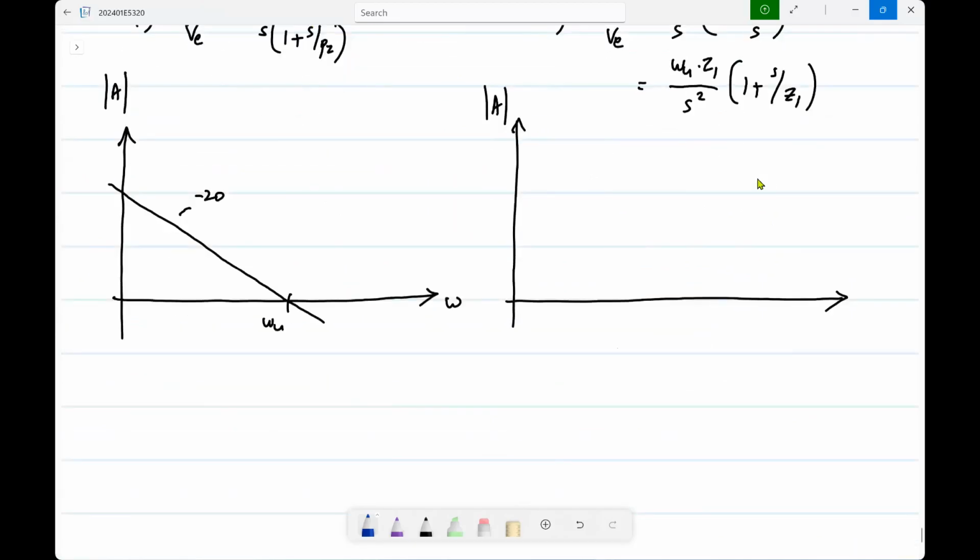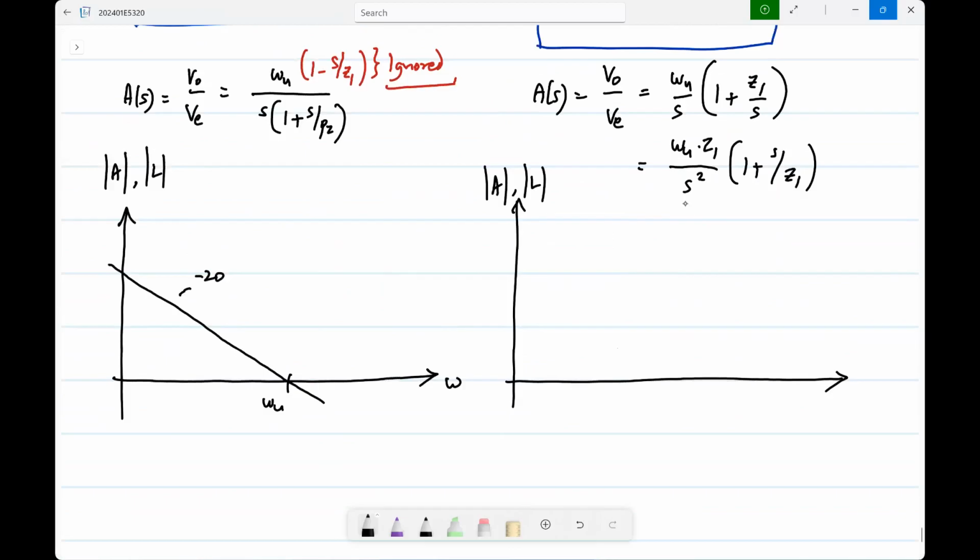Okay. They are the same. Now, if I take into account only the second pole, it will do that. This is P2. Now, if I also take into account the zero, of course, the zero could be before or after.